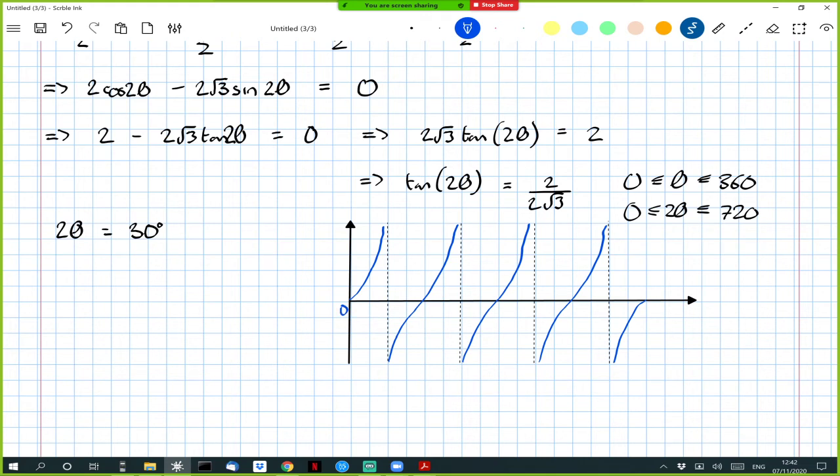So 0, 90, 180, 270, 360, 450, 540, 630, and 720. So we can see we've got a number of solutions there.